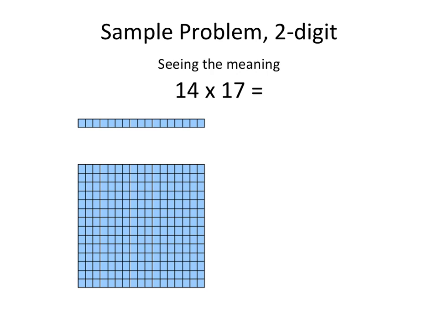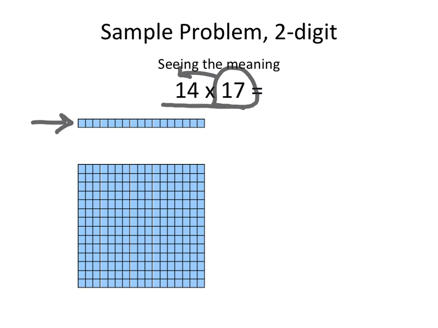But it's quite efficient, actually, to use graph paper or a grid of some sort to have students see the meaning of this problem. So for example, if the problem is 14 times 17, that means we have a group of 17 and we're going to take it 14 times. So here we have one row of 17 squares.